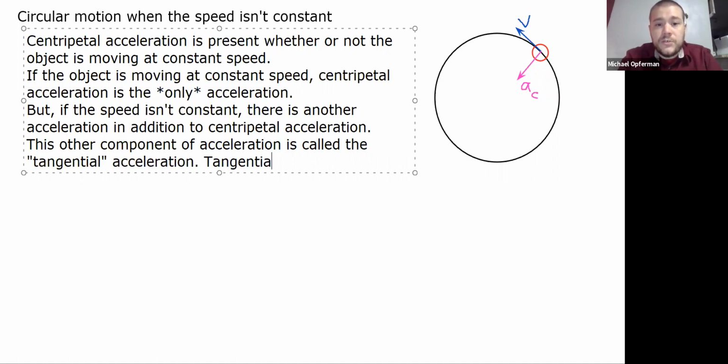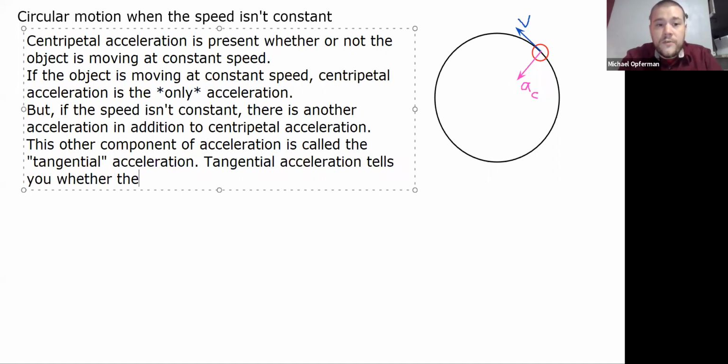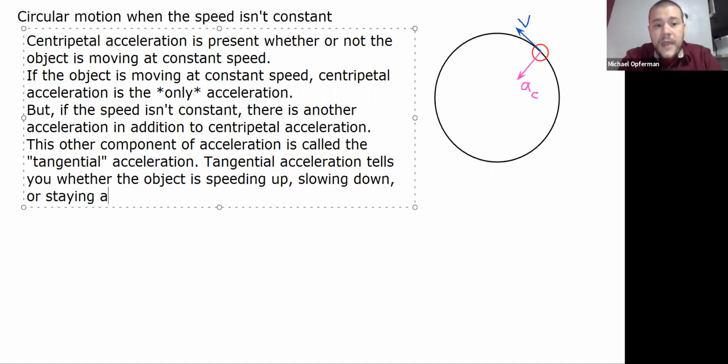Tangential acceleration tells you whether the object is speeding up, slowing down, or staying at constant speed.